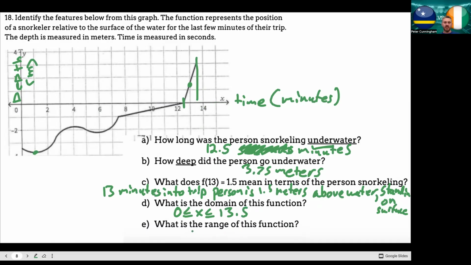Speaking of meters, the range of this function, we just said the deepest we go is 3.75. So that number should match where we say our lowest y value is, less than or equal to y, and y is less than or equal to, go to the height, kind of drew on mine there. I can't quite see it. I think it's at 3. Yes, looking at the paper.